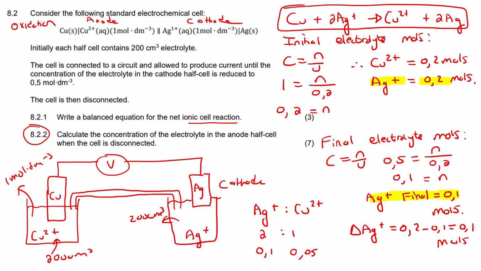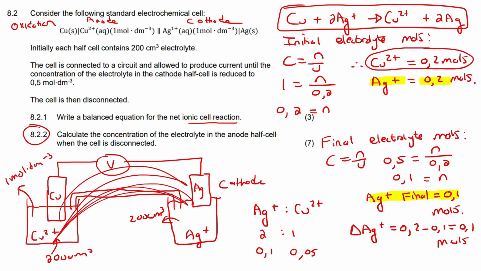How many moles of Cu2+ did we have in the very beginning? Well, we worked it out over here, remember? And what we've just found now is that while the reaction was taking place, we just produced another 0.05 Cu2+. So how many moles of Cu2+ do we actually have in this container now?